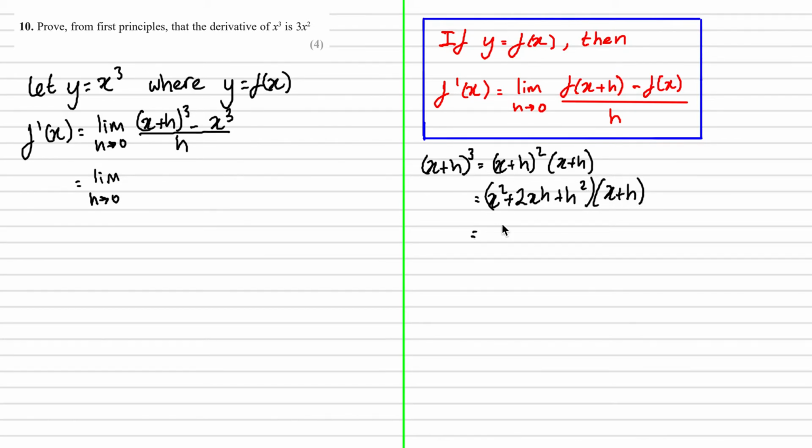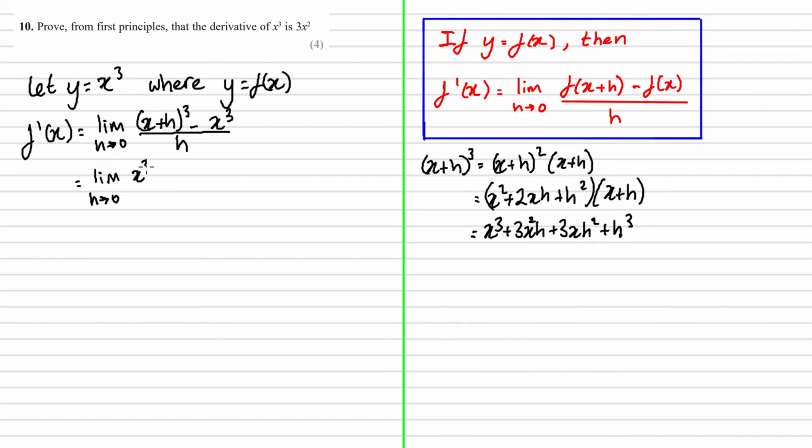And if you multiply this out again, you will get x cubed plus 3x squared h plus 3x h squared plus h cubed.